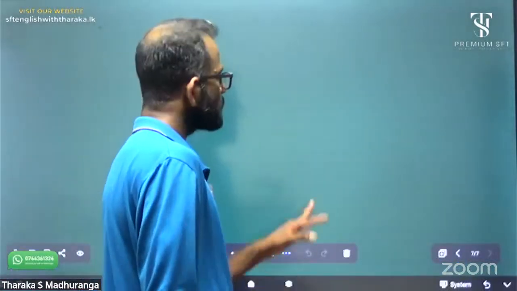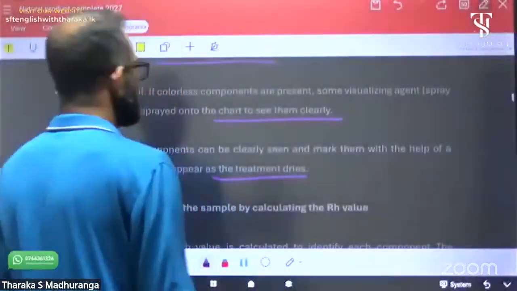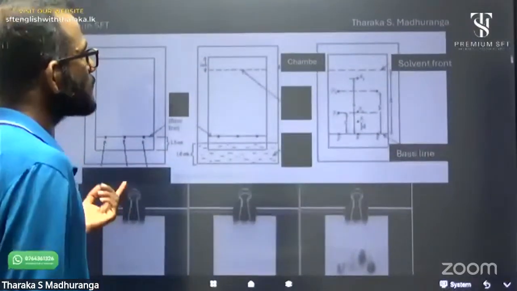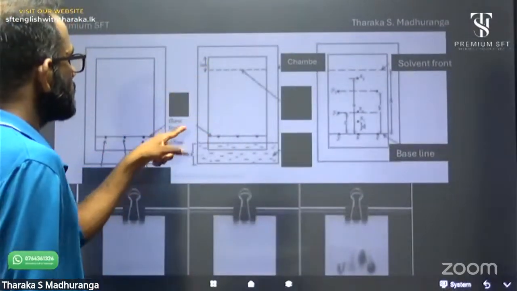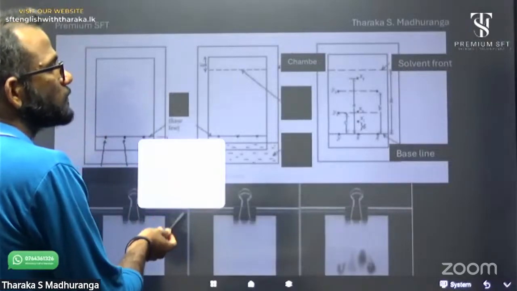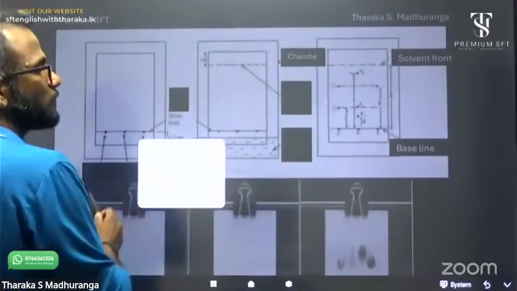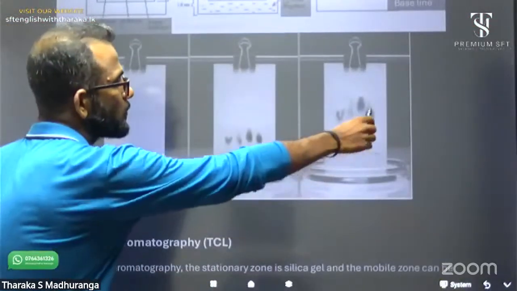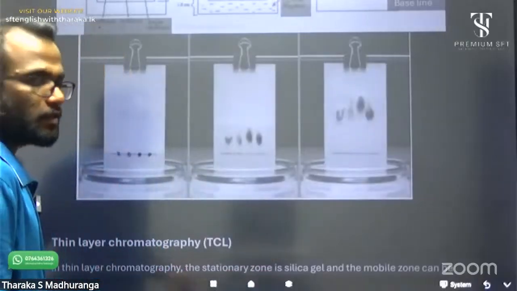Thin layer chromatography? Yeah, that we discussed. Okay, they are the compounds. They are baselines, solvent front line. They are the compounds.